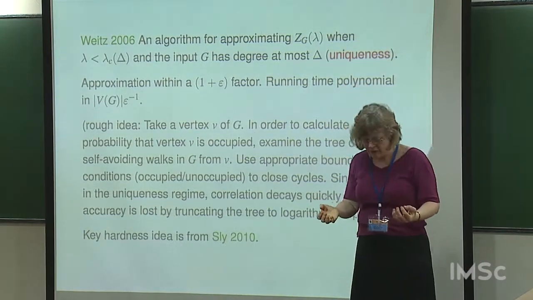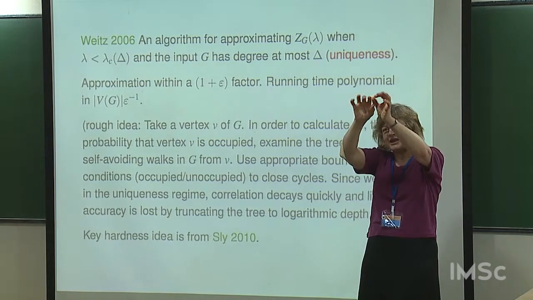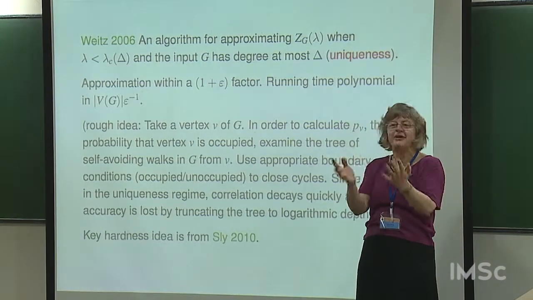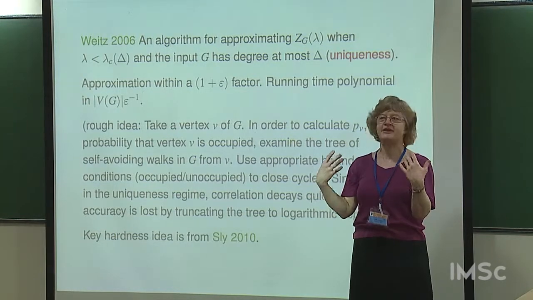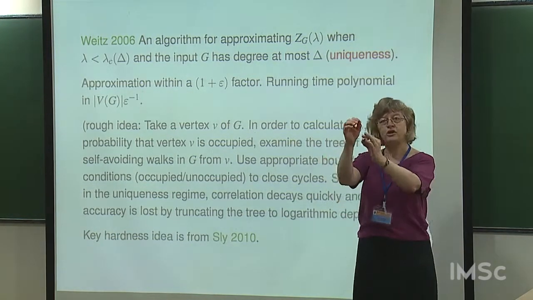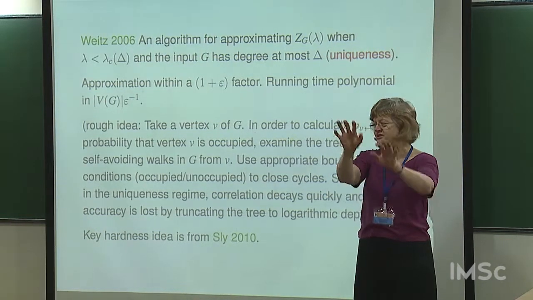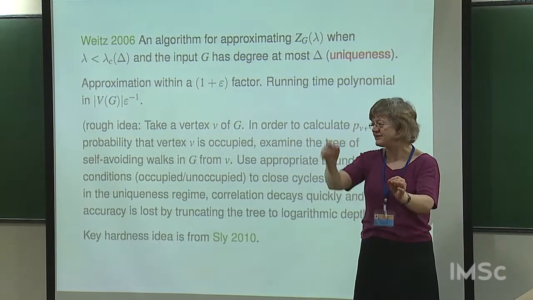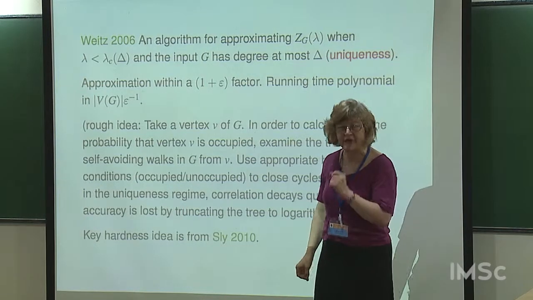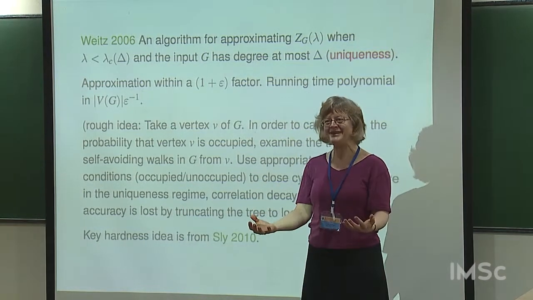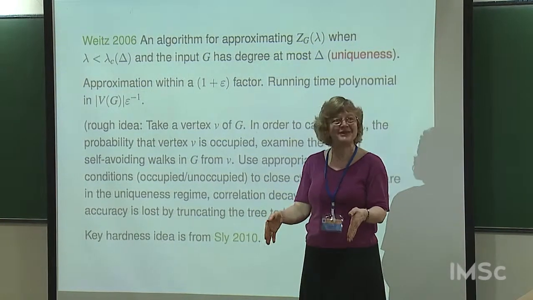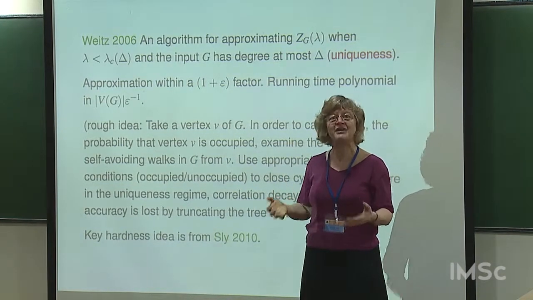And actually, you don't need cycles. If you start unrolling the graph, I don't have time to give you the details, but I think you'll agree it's not so surprising that if you put the right boundary conditions on, you can truncate when you revisit vertices and calculate this tree. Now, of course, I've got a tree, and that's exponentially many possibilities if I say occupied, unoccupied. That's too many.